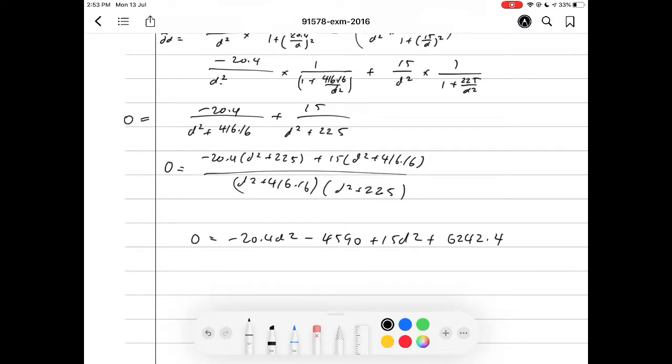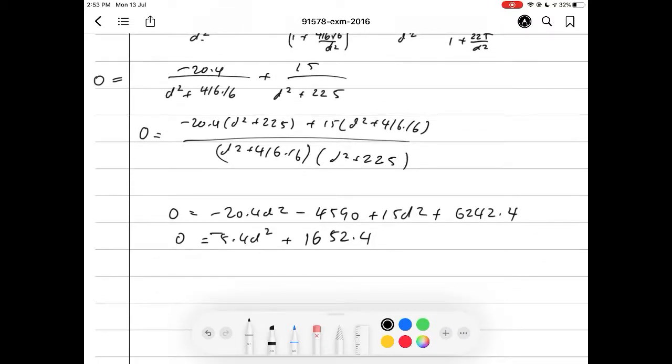What we actually have right now is, going back, negative 20.4 plus 15, that's negative 5.4 d squared. That equals, so that's added on to negative 4590 plus 6242.4.